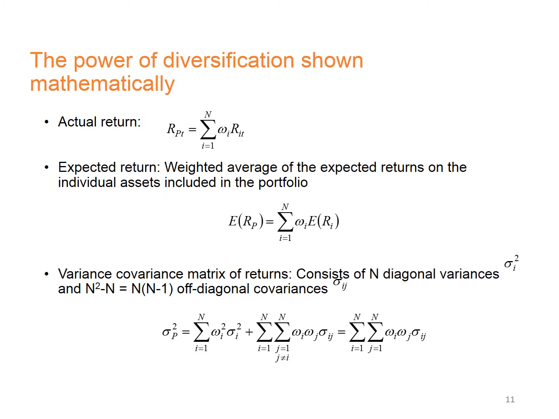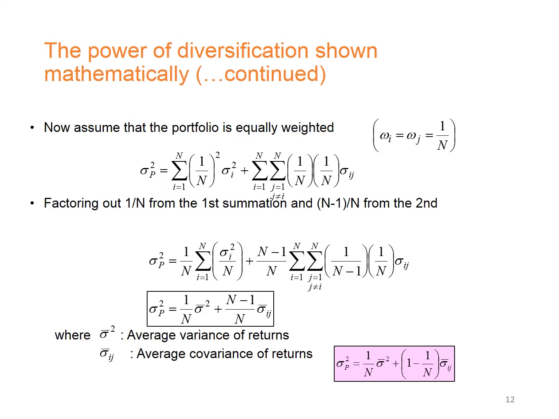This slide shows how actual return, expected return, and variance are calculated. W is the weight or proportion of investment. The variance of the portfolio depends on the covariance between the stocks. The objective of this list of formulas is to calculate the variance of the portfolio.